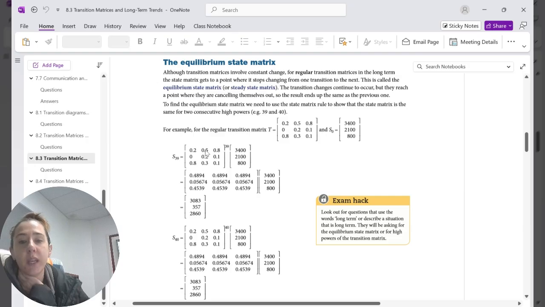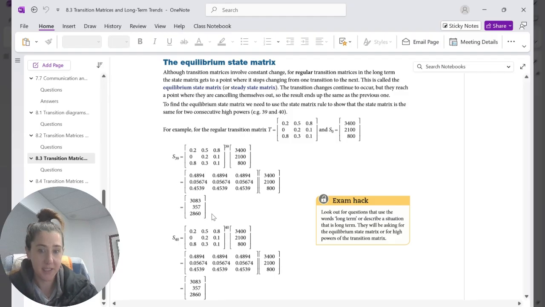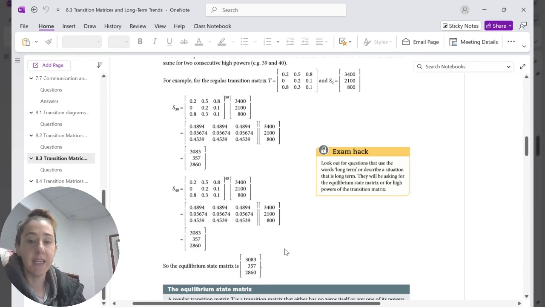Remember, it may be appropriate to round if you are talking about people or birds or any whole value. If you leave it in a decimal format, you are not giving the most appropriate answer, so make sure that you're rounding appropriately.